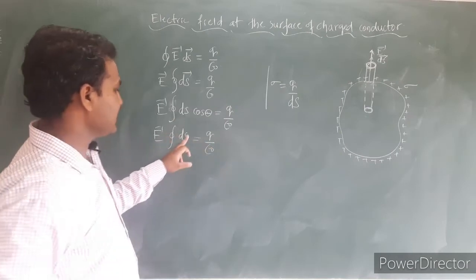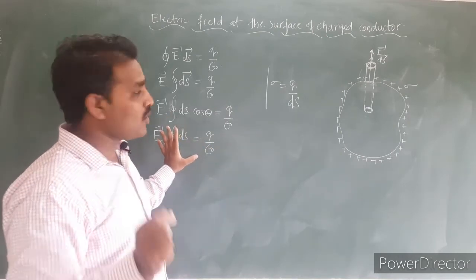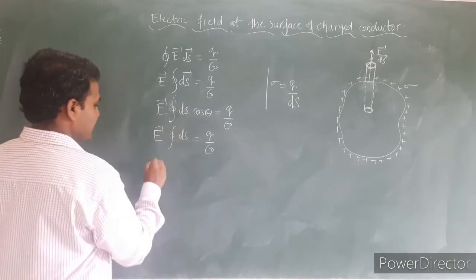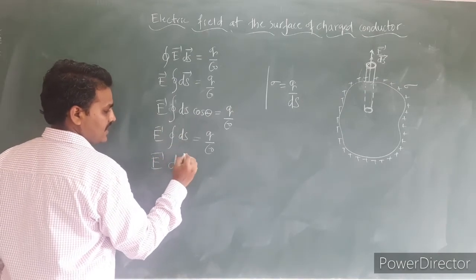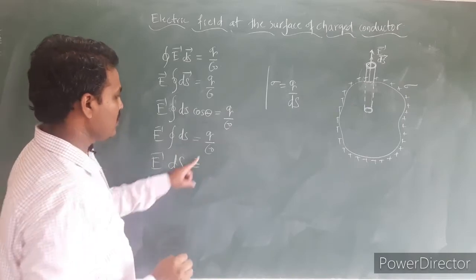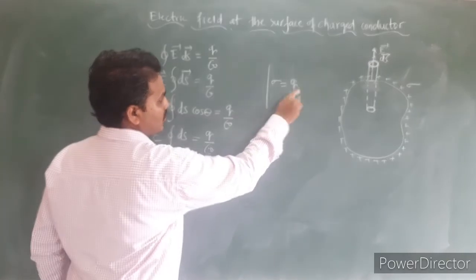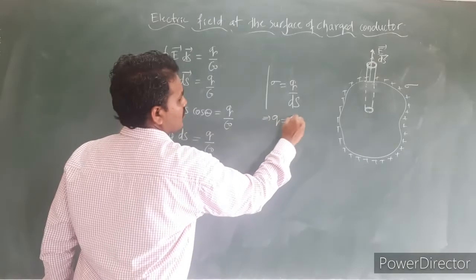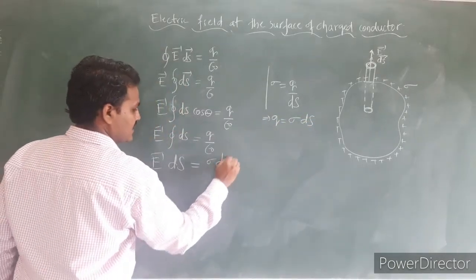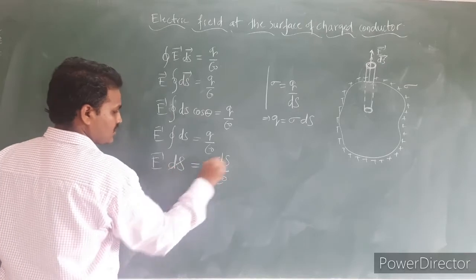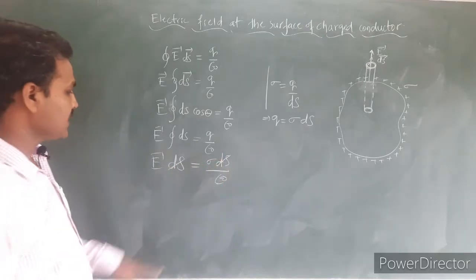When I consider the integral of all these small surface areas, I can write it as E into ds. So E into ds is equal to Q, and from sigma equal to Q by ds, I can write Q is equal to sigma into ds. So this is equal to sigma into ds divided by epsilon naught. These areas are equal, so both get cancelled here.